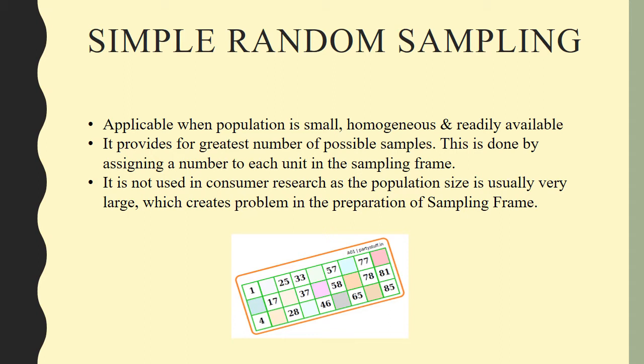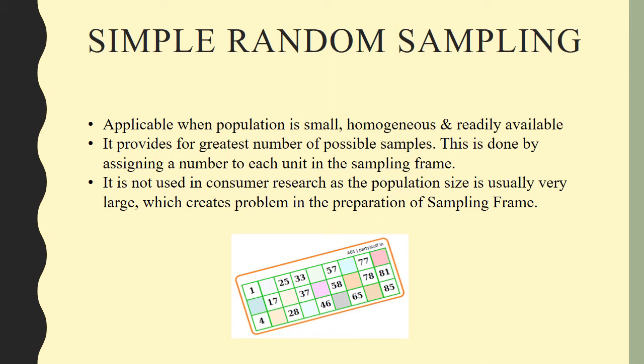This is done by assigning a number to each unit in the sampling frame and then randomly picking. A table of random numbers or a lottery system is used to determine which units are to be selected. It is not used in consumer research as the population size is usually very large, which creates problems in the preparation of the sampling frame.